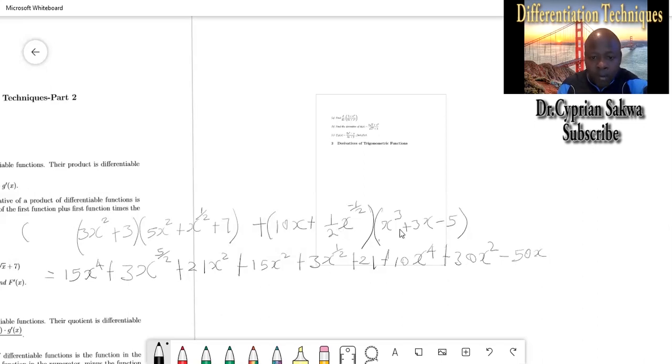Now let's multiply this to get a half x raised to 5 over 2. And you remember we're just adding the powers. So this would be 2.5, which is 5 over 2. And this, which one was that? We did this. This is the one we've done, yes.